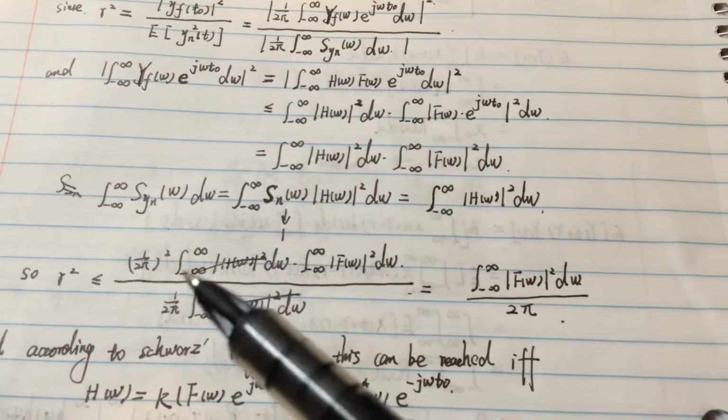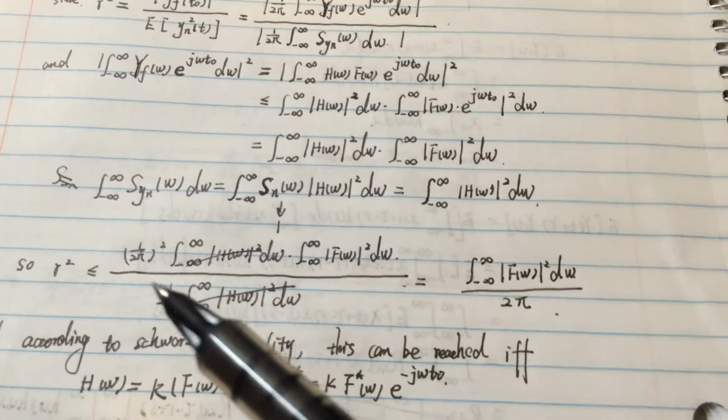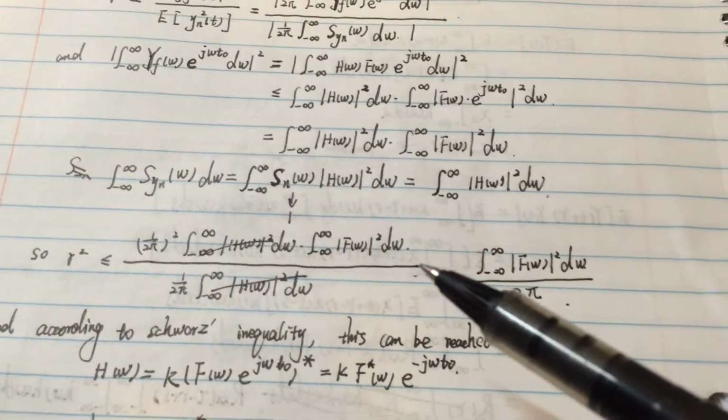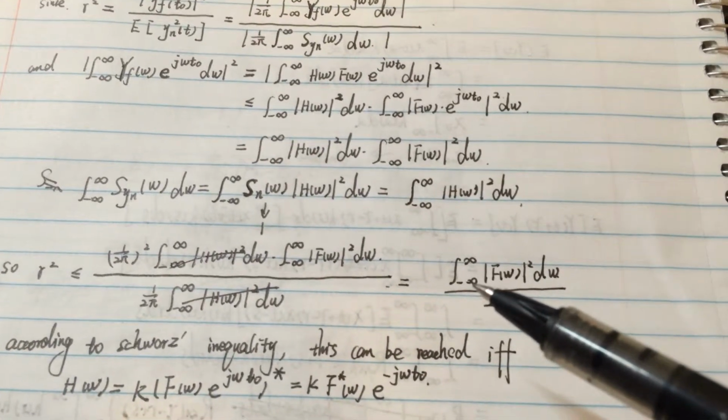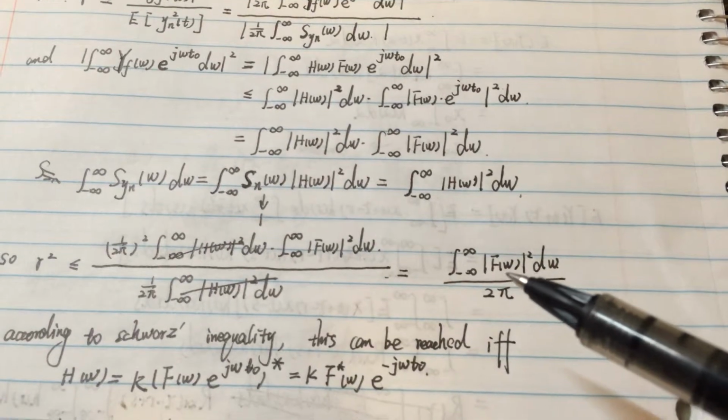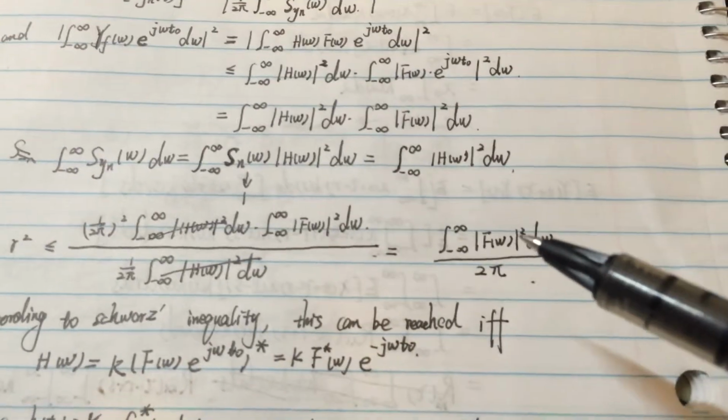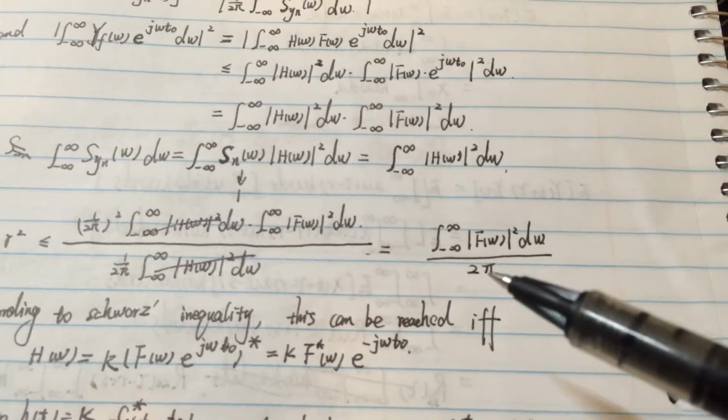Since this and this can be cancelled, and this and this can also be cancelled, the final result is the integral from minus infinity to infinity of F(omega) magnitude squared d omega over 2 pi.